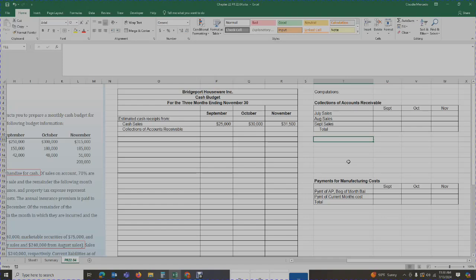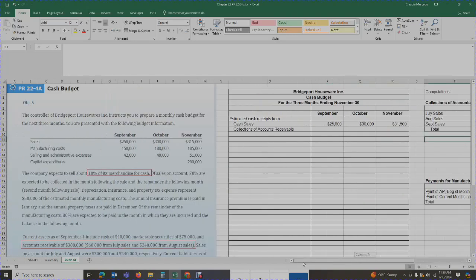We made the sale in July. In August, we collected 70%. And in September, we're collecting the rest, which is $60,000. So that $60,000 is coming from the sale that we made in July.